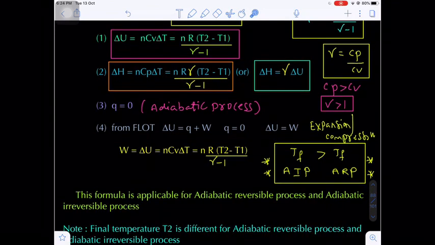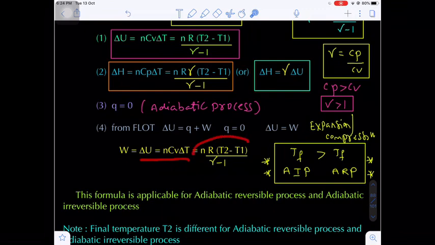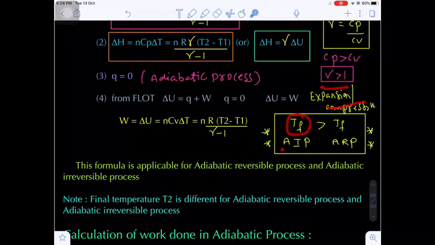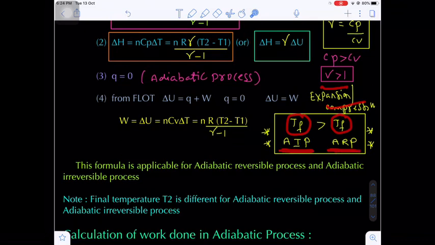Now W, the work done, will be equal to del U, that will be equal to nCV delta T. That is nothing but nR(T2 minus T1)/(gamma minus 1). One more important thing, in expansion or compression, the final temperature in an adiabatic irreversible process is always greater than the final temperature in the adiabatic reversible process.